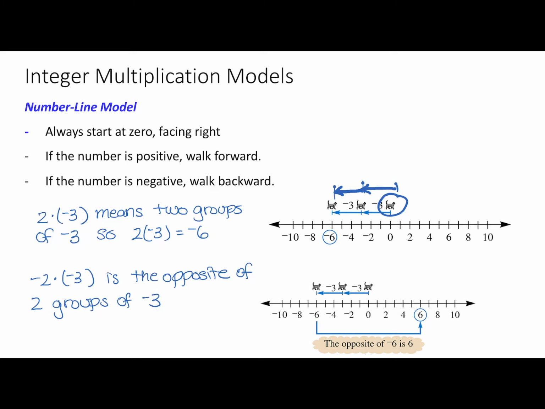We're going to do our two groups of negative 3 just like we did above, and you can see my cat's going 3 units backwards twice, and that puts them at negative 6, but I want the opposite of negative 6, so I'm going to move to the number that is the same number of units away from 0 to the right, which is 6. So the opposite of negative 6 is 6, and that's going to be my answer here. So negative 2 times negative 3 is positive 6.